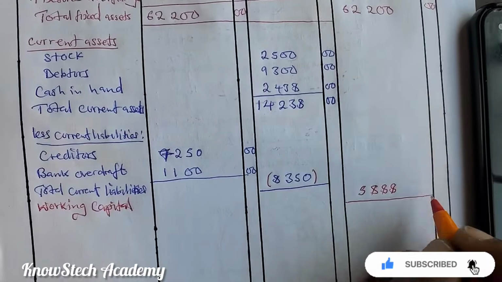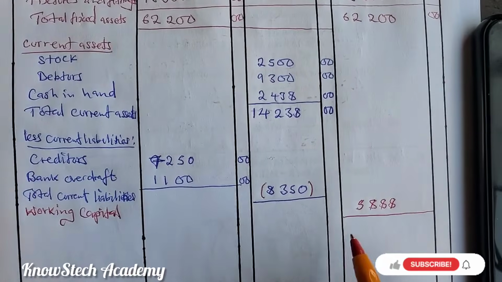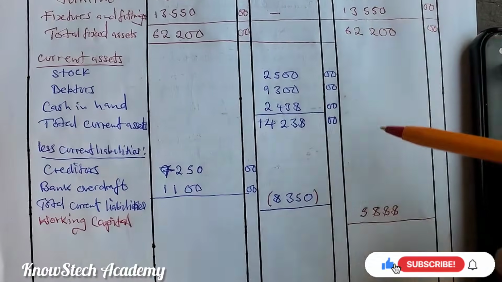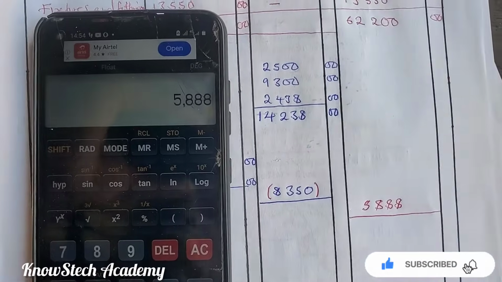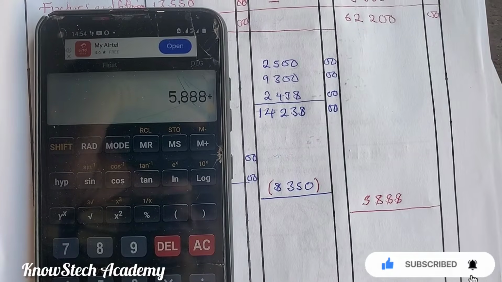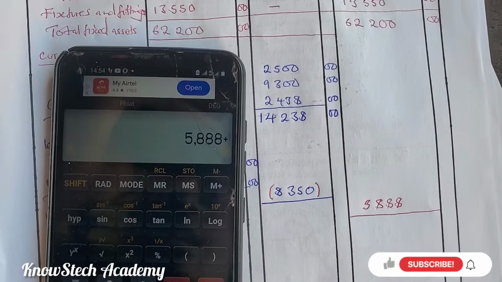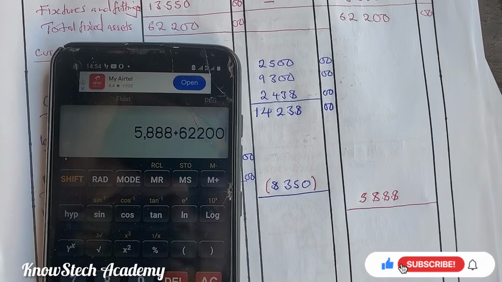We have the working capital here. So what do we do? We add the total fixed assets and the working capital. We already have 5,888, and we are going to add it to total fixed assets, which is 62,200.